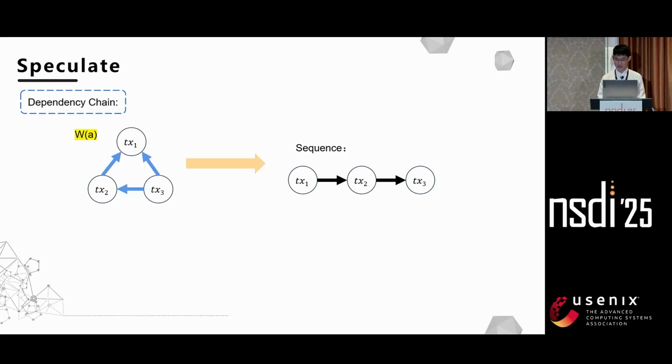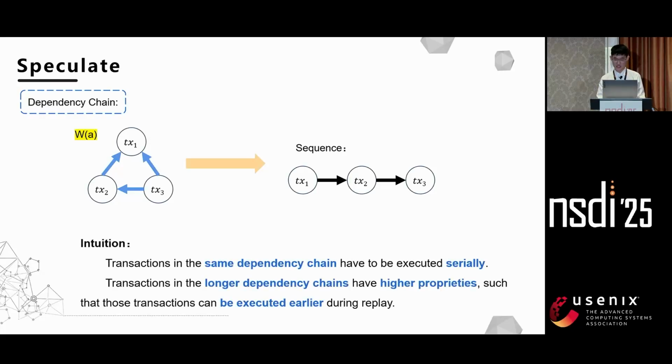If we execute transactions in dependency chains after the transactions that can be executed in parallel, there will be a long tail of serially executed transactions. So intuitively, we give transactions in longer dependency chains higher priority. Such transactions should be executed earlier during the replay phase.